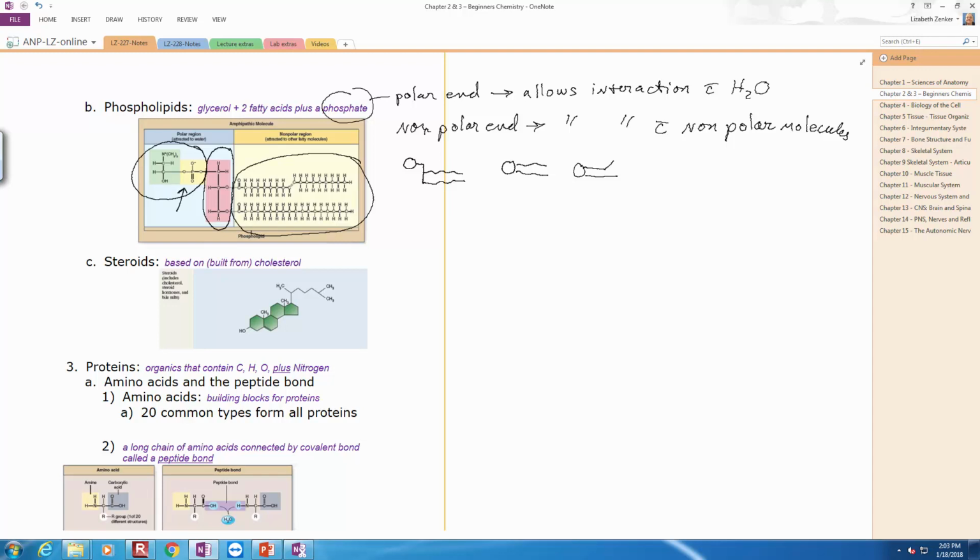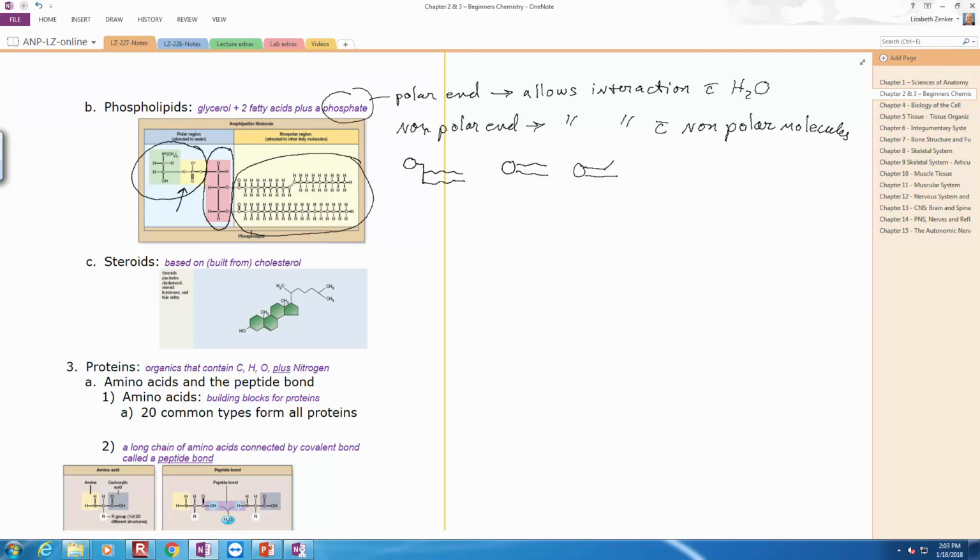So this molecule, this phospholipid, ends up making a phospholipid bilayer. Bi means two. So we have a double layer, okay, and it ends up making the construction of all of our cell membranes. So when I tell you, you are what you eat, the fats you ingest into your body are going to end up being the fatty acids that end up getting put on to your phospholipid bilayer.